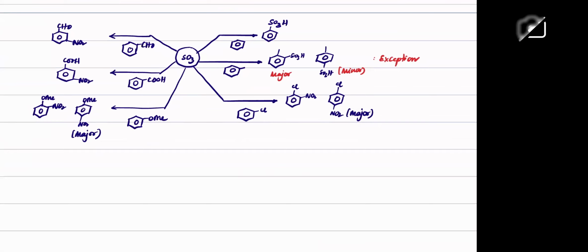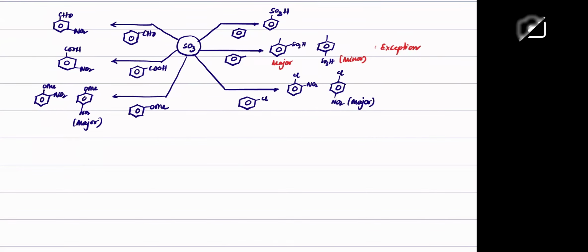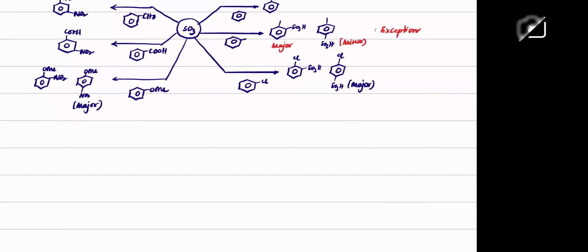If you react with chloro here, same logic. With chlorine also, we can have sulfonation done, SO3H and SO3H. And with anisole also we can have SO3H and SO3H.